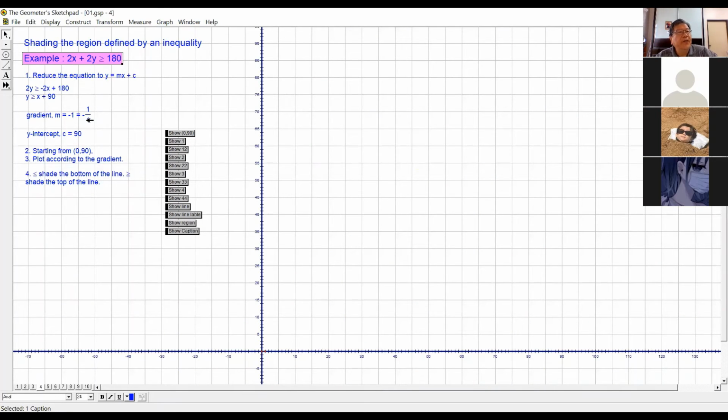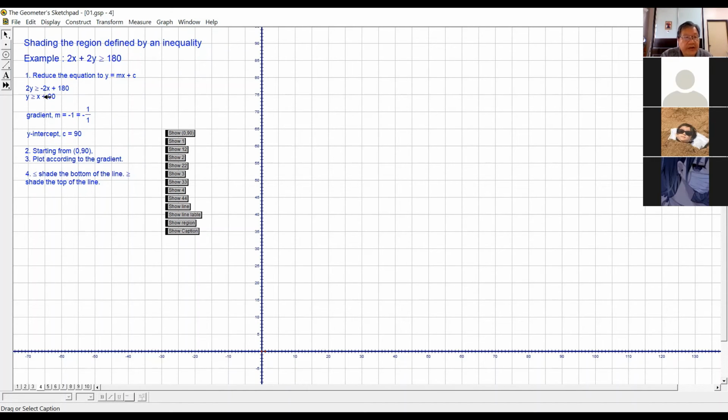We're going to draw. Now, before you draw this line, you have to change this equation to y equals mx plus c. So you change it: 2y greater than or equal to negative 2x plus 180. Divide by 2, you have y greater than or equal to negative x plus 90.